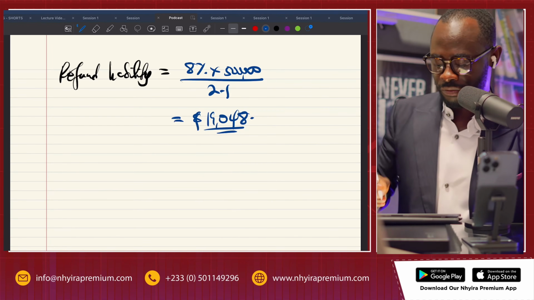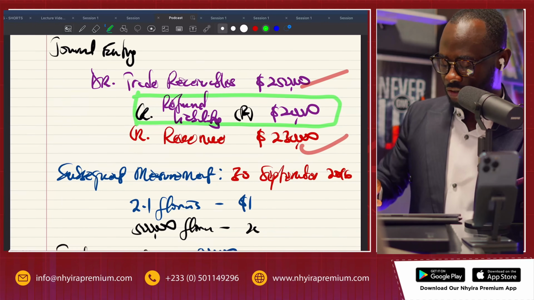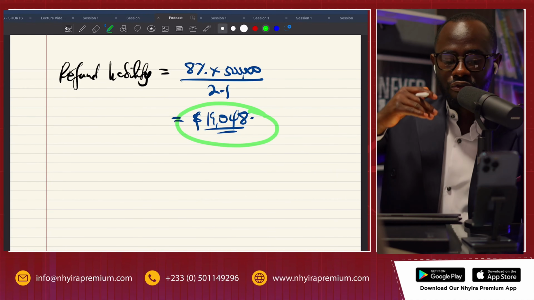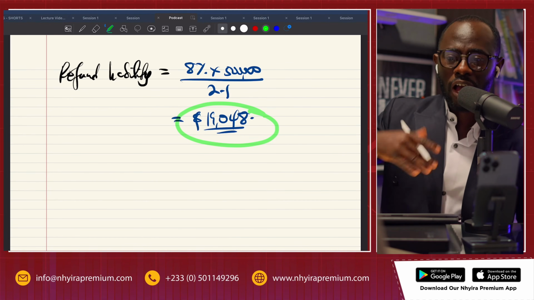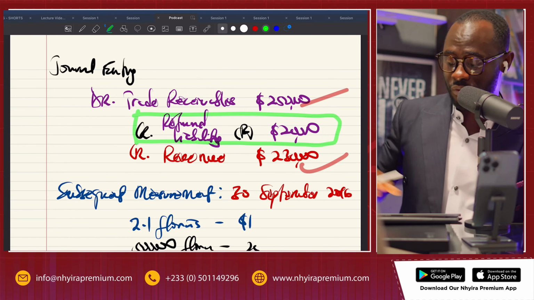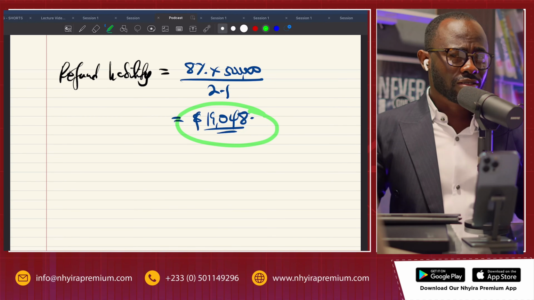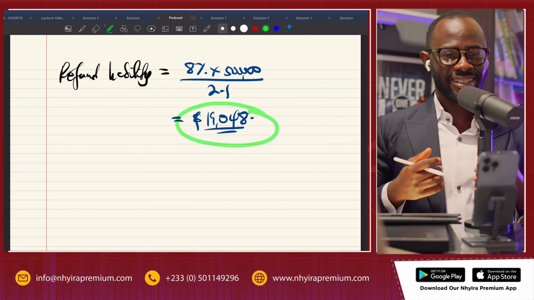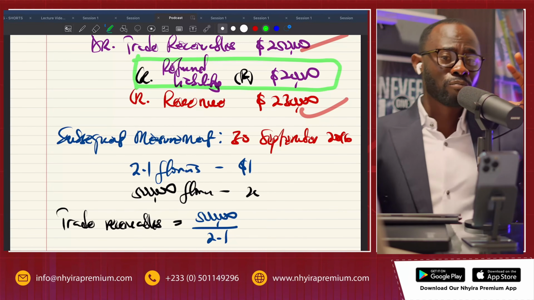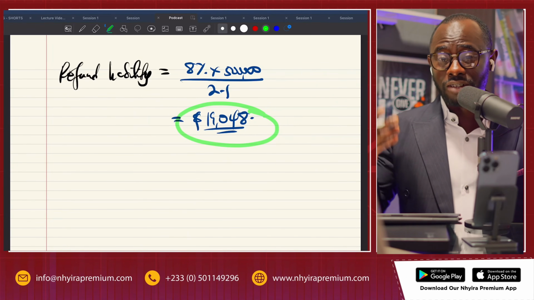If you compare this figure to the initial figure we recognized, what has happened? The refund liability has also reduced. Why are we doing this conversion? Because the refund liability is also a monetary item, right? That's why we are translating. Now, reduction in a liability is a gain. So we thought we owed them $20,000, but now at the reporting date we owe them only 19,048.